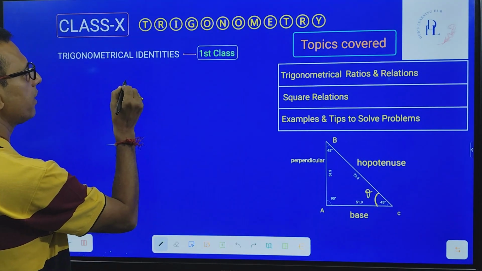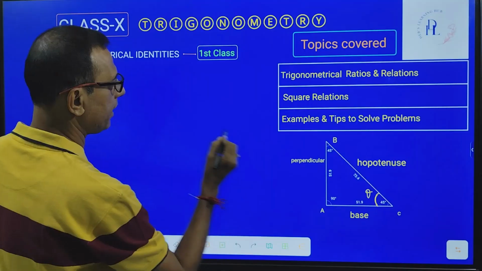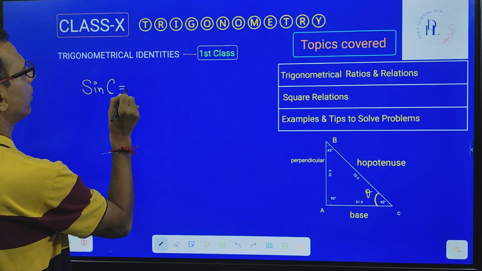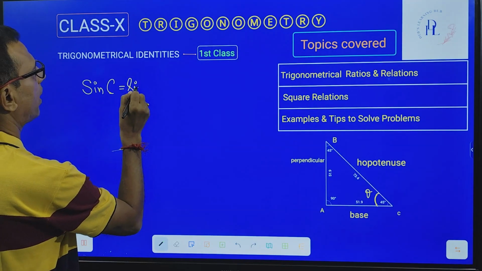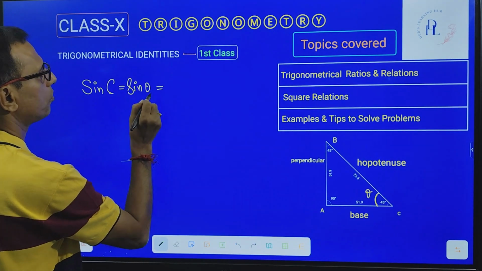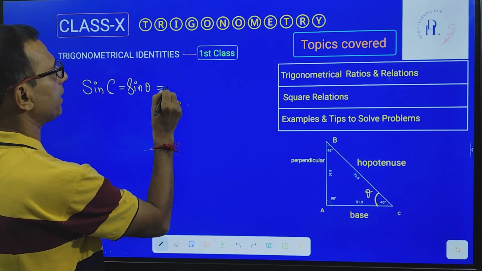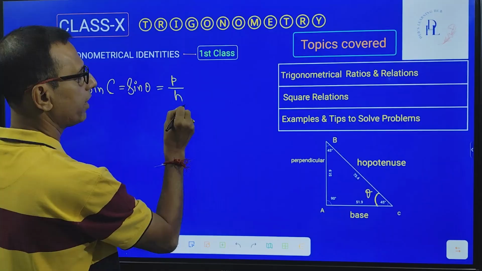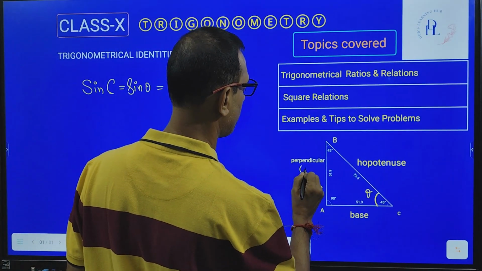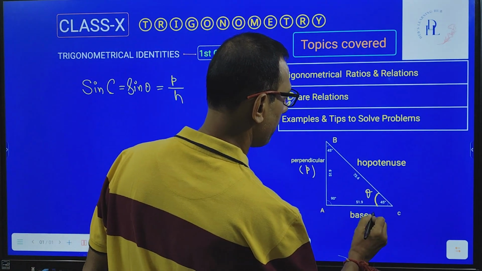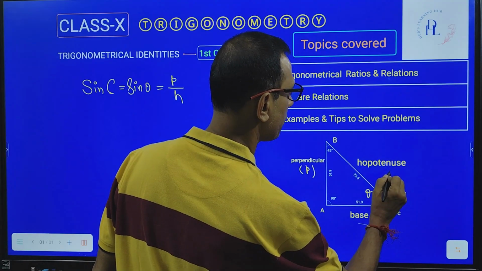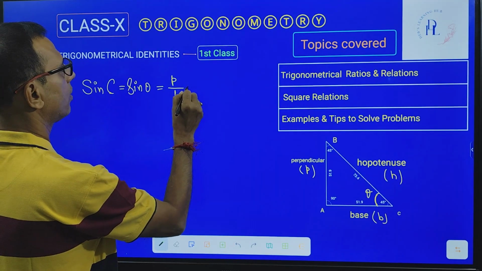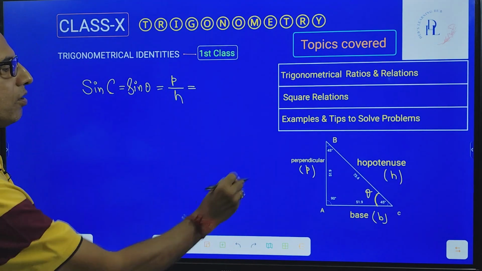So this angle C: sine C equals sine theta equals perpendicular, P for perpendicular, and hypotenuse I can say H. Let's denote perpendicular with P, base with B, and hypotenuse with H. P by H is sin C or sin theta.